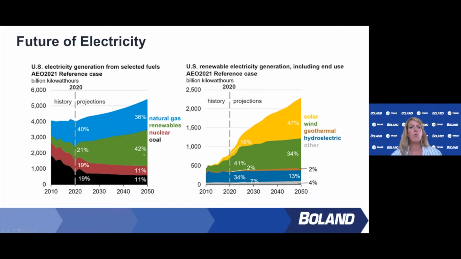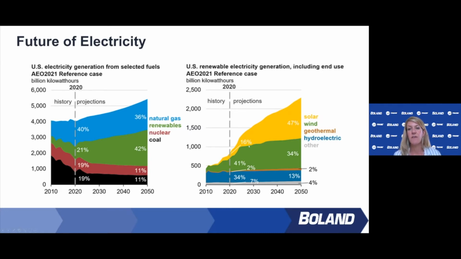So if you say, okay, what are those renewables? What does that mix look like for renewables? And where are we seeing the growth in the US? And I'm specifically saying in the US because throughout the world, that mix is going to look different for different countries, depending on where their investments are. So you can see, again, we've got our dotted line with 2020. Right now we are at 16% solar.